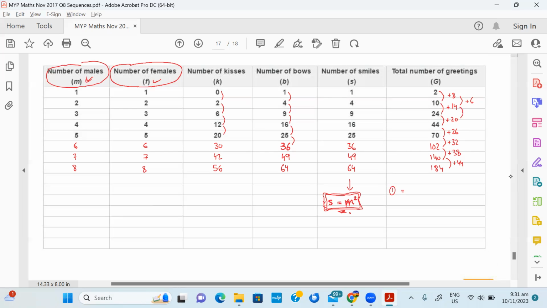And I know that the second difference is plus 6, plus 6, plus 6, plus 6. So a equals 6 divided by 2. So a is gonna be 3.